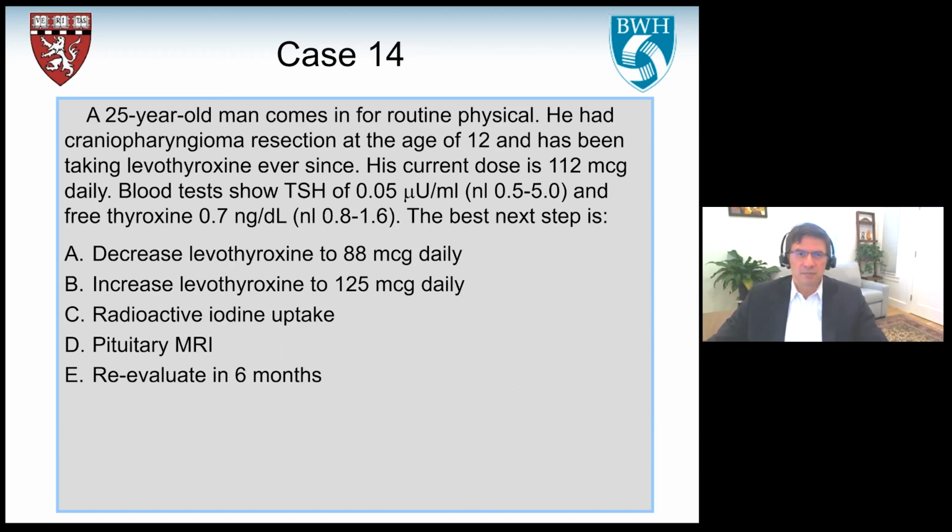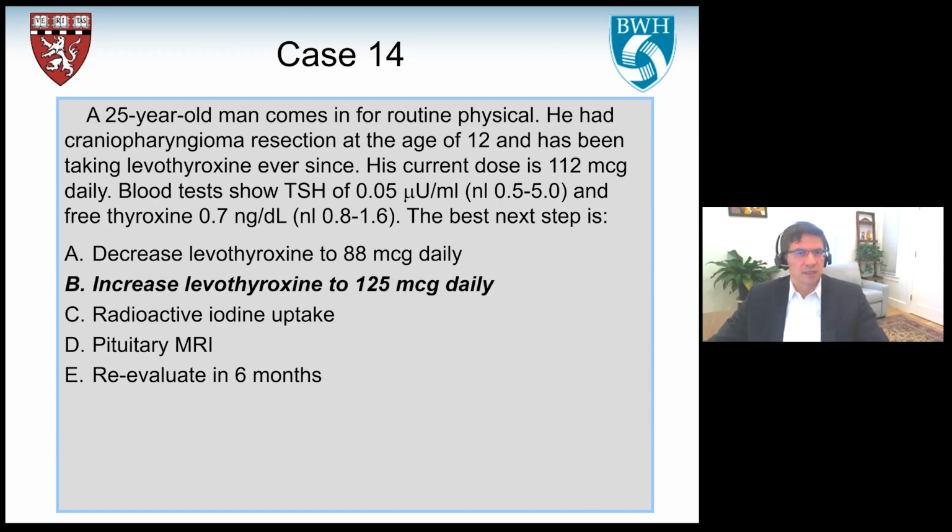The best next step is A, decrease levothyroxine to 88 micrograms daily, B, increase levothyroxine to 125 micrograms daily, C, radioactive iodine uptake, D, pituitary MRI, E, reevaluate in 6 months.